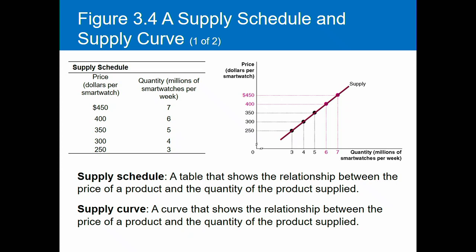So they have to bid them away and be willing to pay a little bit more than if they want to use those parts to, say, make a smartphone or, I don't know, a desktop computer. So they'll be willing to pay more. Because the cost of the raw materials is going to increase, they need to get a higher price back when they sell the good, in order to be willing to produce that many.